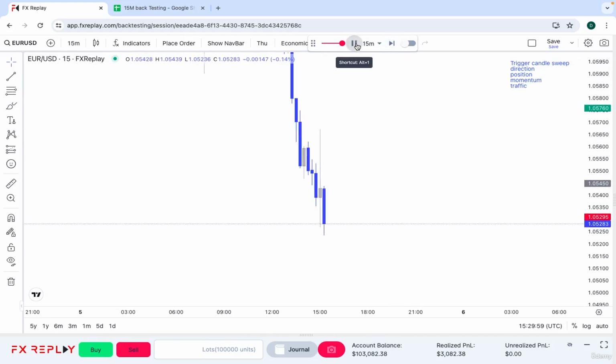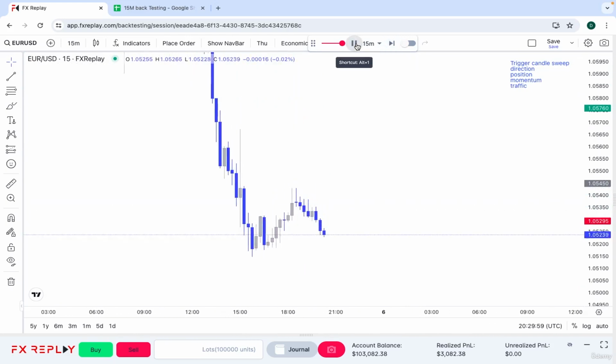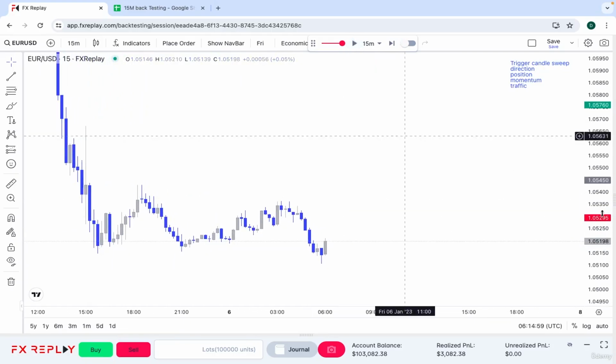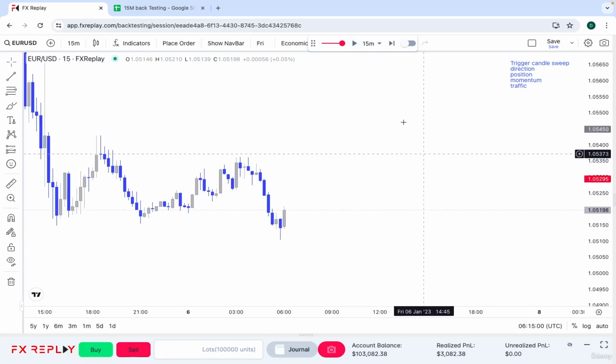Okay, 3 o'clock, straight to the next day. So we're on the 6th of January and we're up 3%. Which is not too bad, considering we're not really doing much analysis.